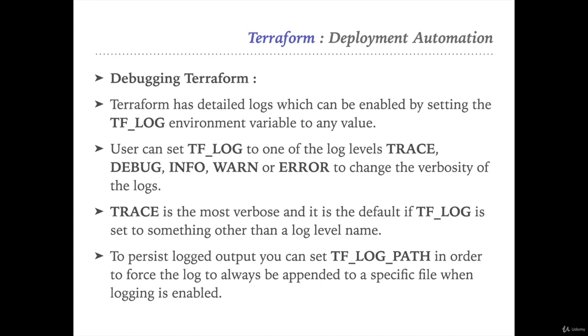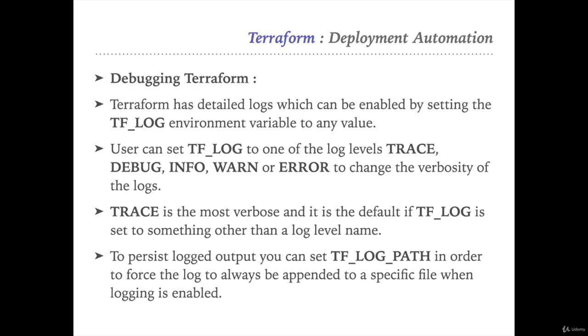To persist log output, you can set TF_LOG_PATH in order to force logs to always be appended to a specific file when logging is enabled. So whenever you want to save the Terraform log at a specific location, for debugging, tracing, or archiving purposes, you can define another environment variable called TF_LOG_PATH.